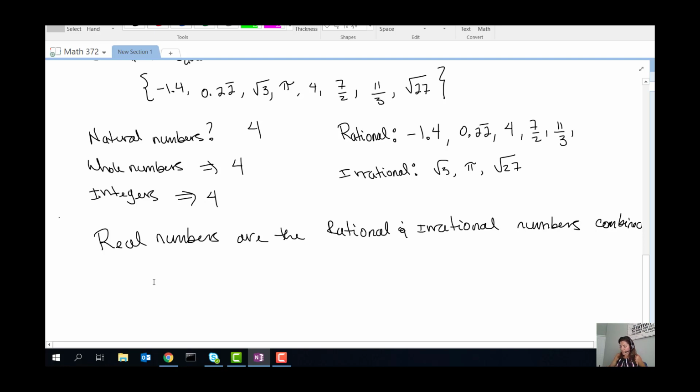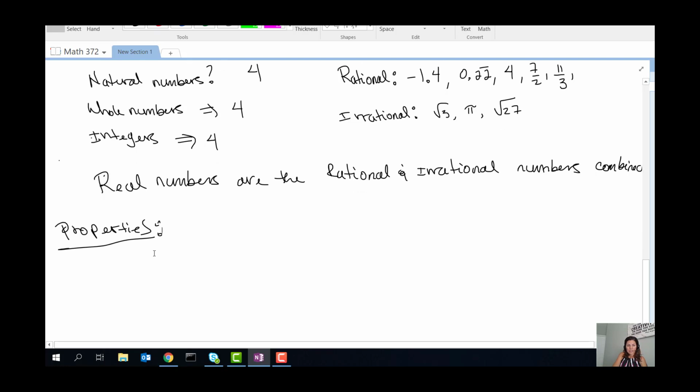So some properties of real numbers include, and you might remember this from your intermediate algebra class, the commutative properties, and we have it for addition and for multiplication.